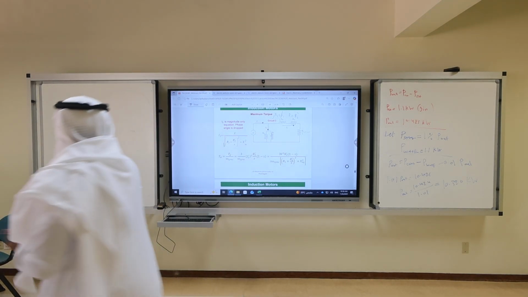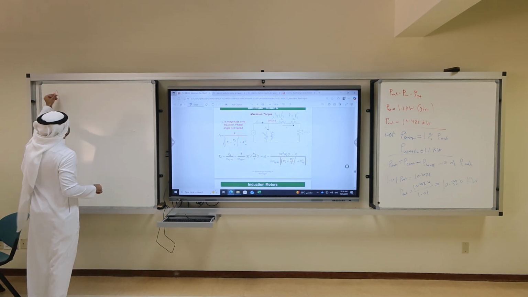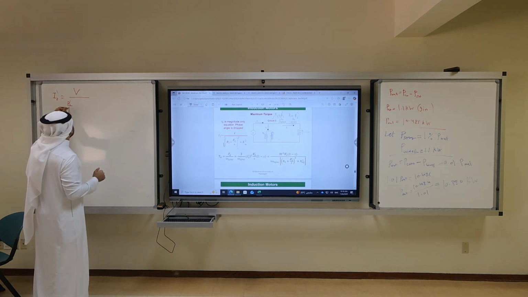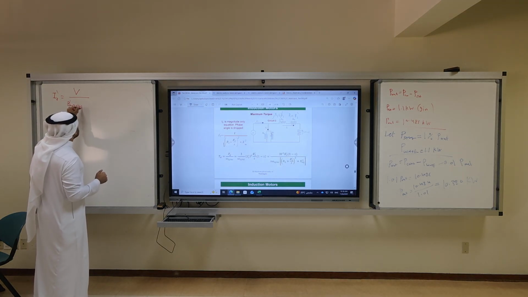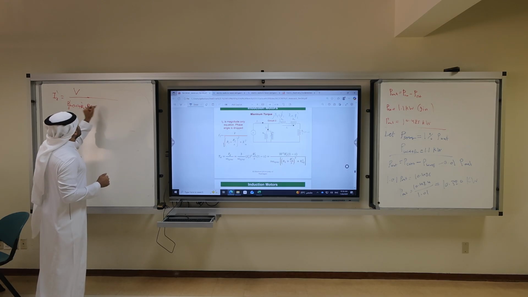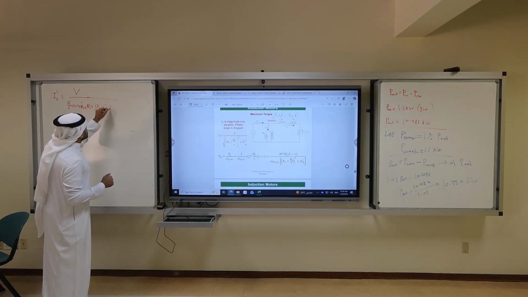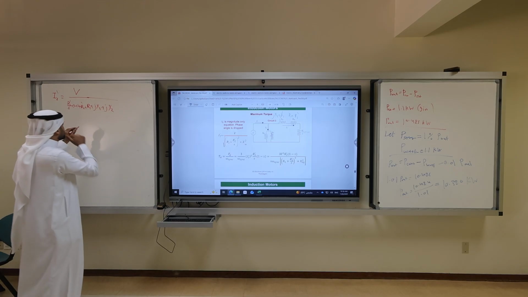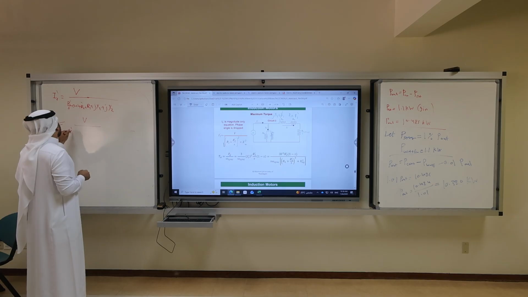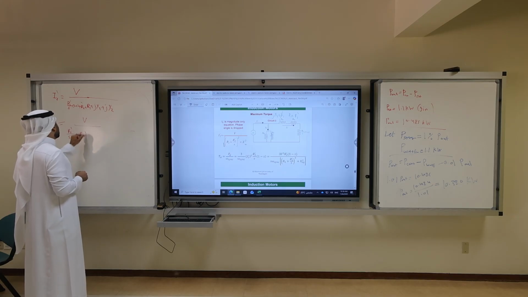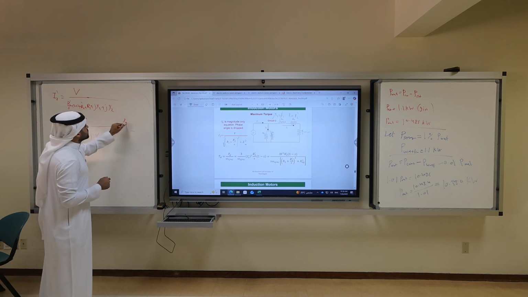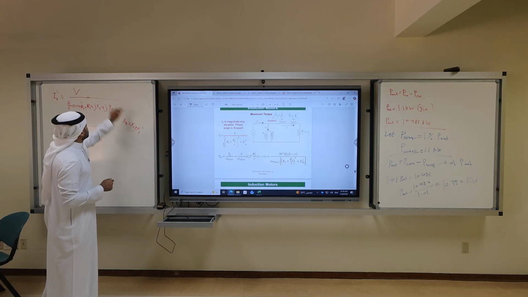I2 prime is V over R2 prime over S1 minus S plus R2 plus R1 plus jX1 plus jX2, which is V over R2 prime over S plus R1 plus jX equivalent, where X equivalent is X1 plus X2 prime.